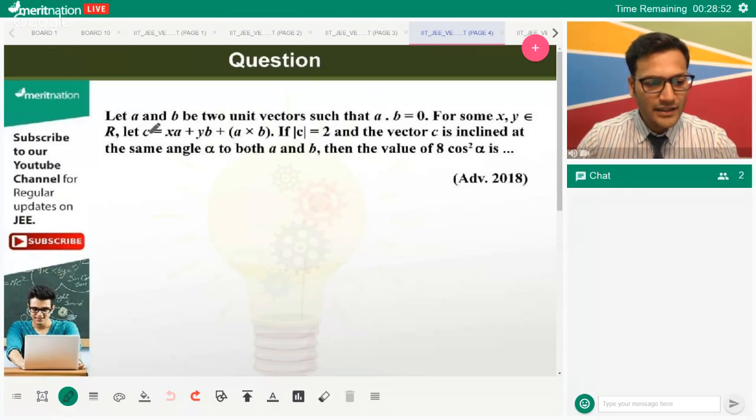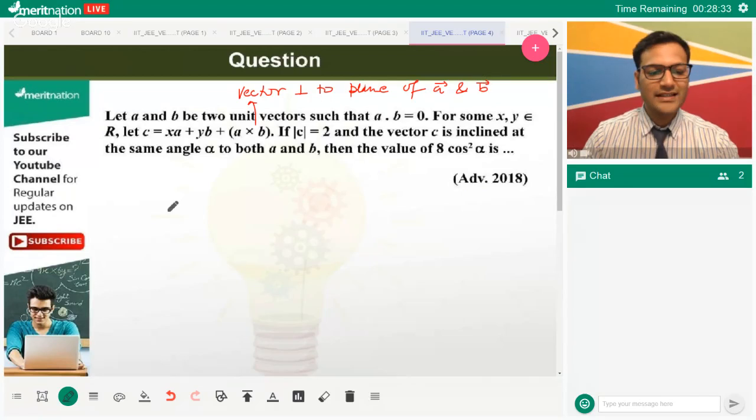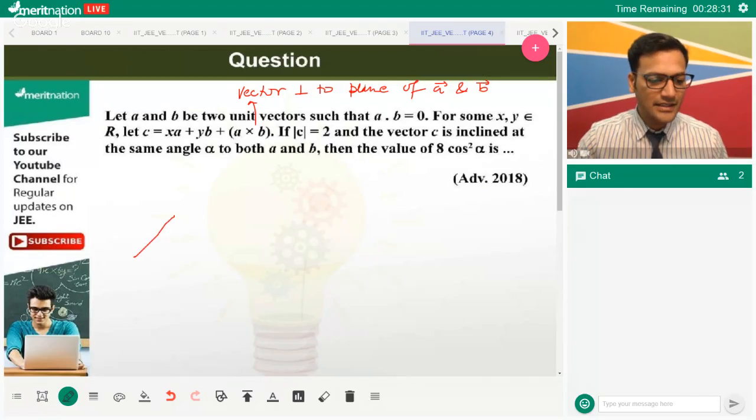Now if you see, C is a vector formed by x A plus y B plus A cross B. Now we know A cross B is a vector perpendicular to the plane of vectors A and B. So basically vector C will be in some other plane. If this is vector A and this is vector B, both are perpendicular to each other. Why perpendicular? Because A dot B is equal to 0.